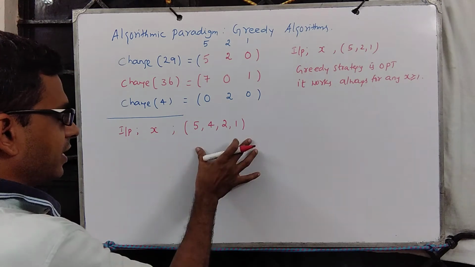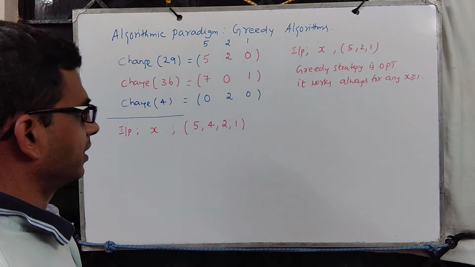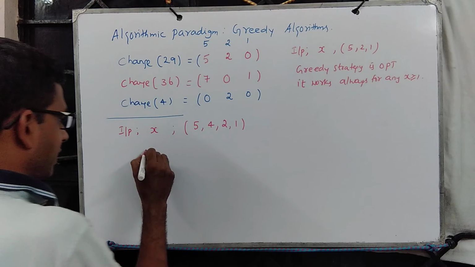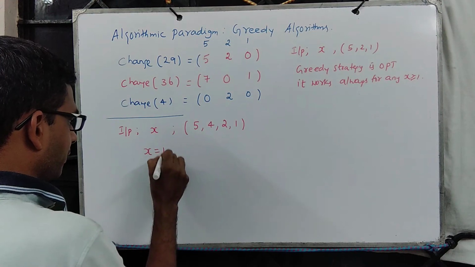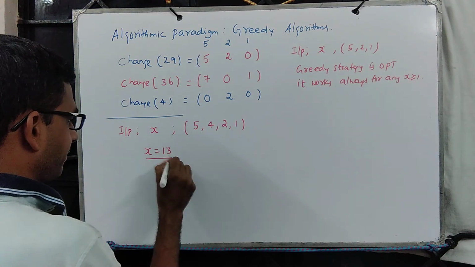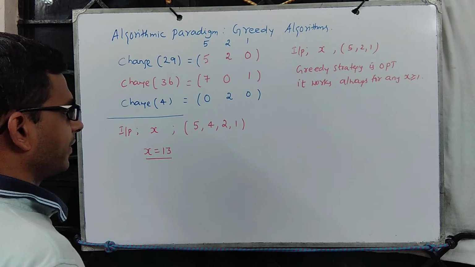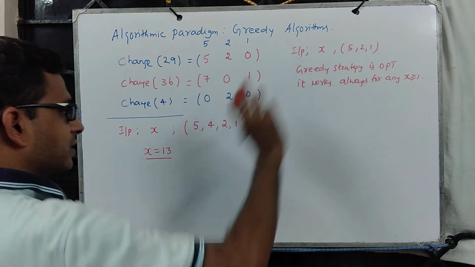Let's look at, say, x equal to 13. We know 5, 2, 1 is optimal.